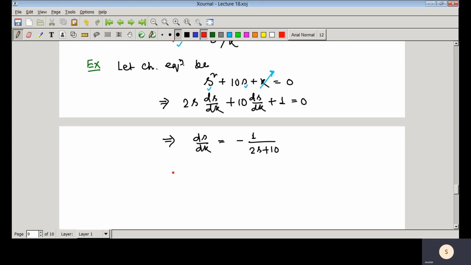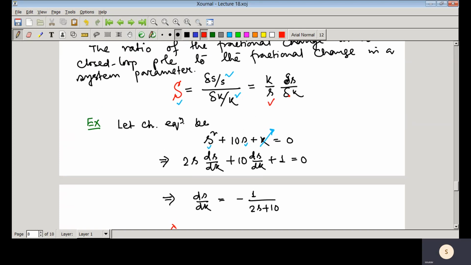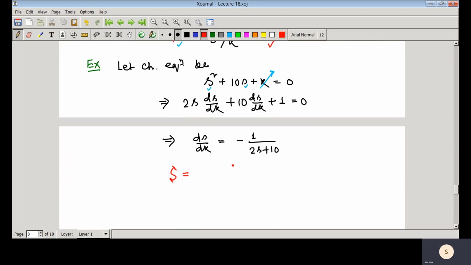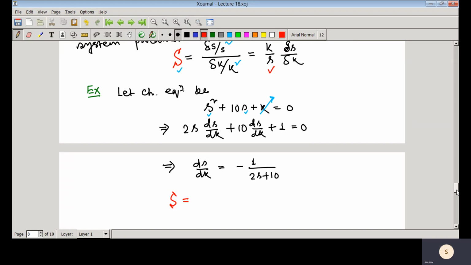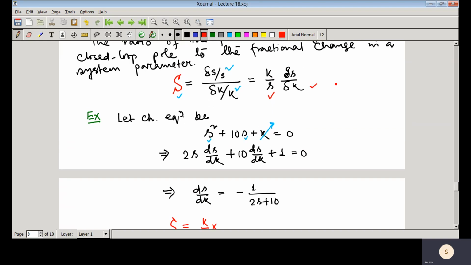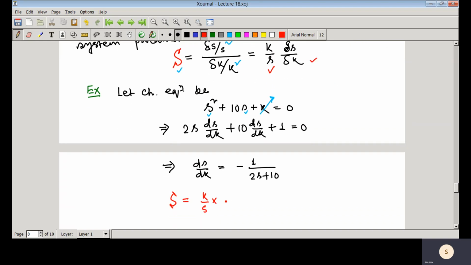So what is the root sensitivity? Root sensitivity S is equal to, we have seen that formula, K by S into del S by del K. If you just put it here, del S by del K is minus 1 by 2s plus 10.